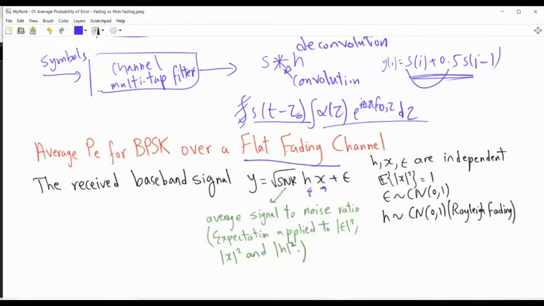Here we are writing h, not h(t), because we are pushing this further and saying that the symbol duration is much smaller than the coherence time of the channel. So if you are studying the channel at t1 and t2 and the difference between t1 and t2 is much less than the coherence time of the channel, you can consider that the channel is highly correlated.